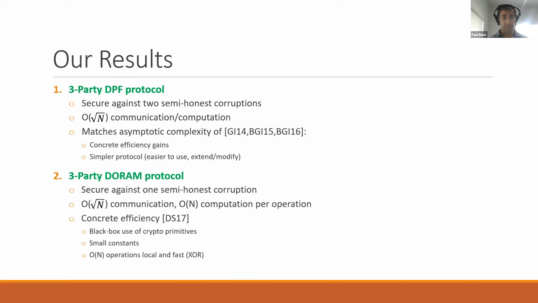The bottom protocol is a three-party protocol, but you lose tolerance to 1 corruption, so you just get 1 security. It's still root-n communication, but now you have linear computation, and again, as noted by Doerner and shelat, this oftentimes means a concretely faster protocol, and this is something we're working on actually benchmarking.